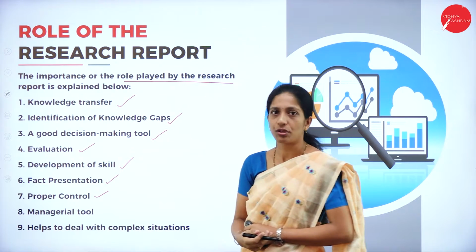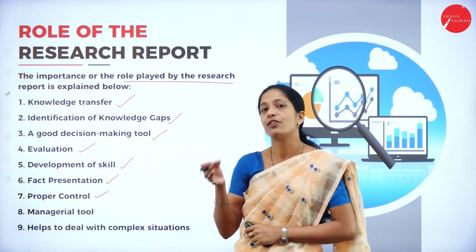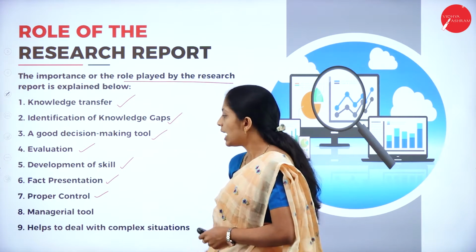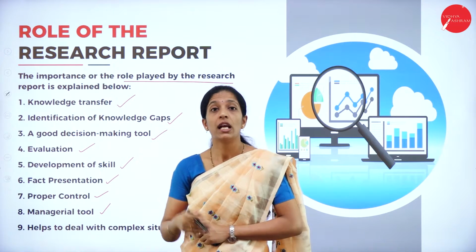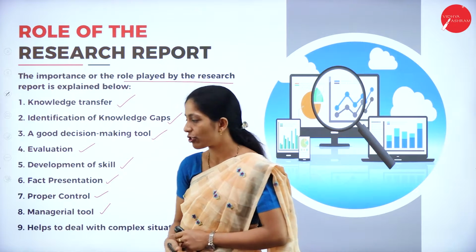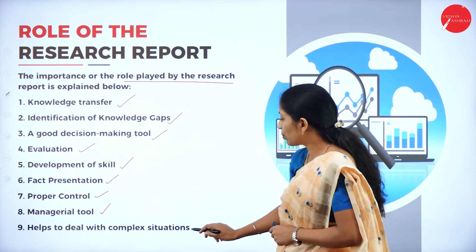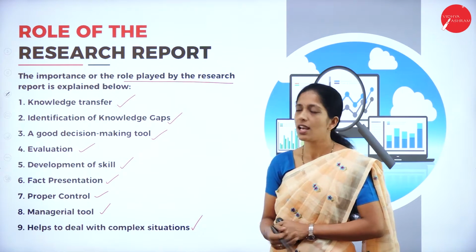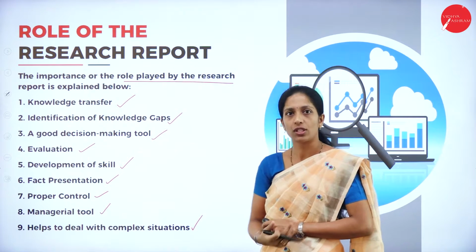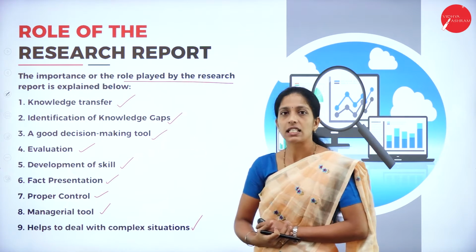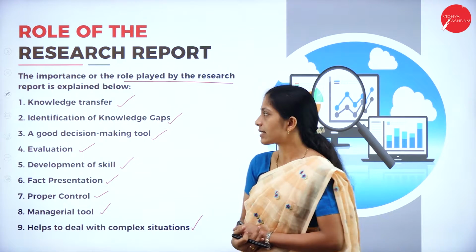Next, proper control; it is helpful in controlling an organization. Next, managerial tool; it also acts as a managerial tool to take management decisions. Next, it helps to deal with complex situations. These are a few of the roles or the importance of research report. Now, let us discuss in detail in this particular session.